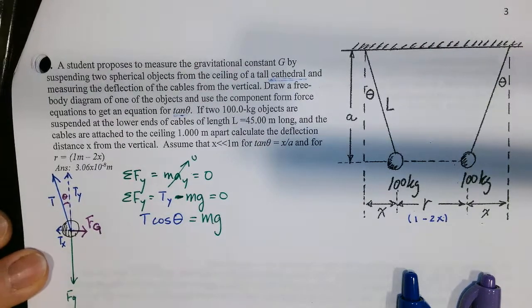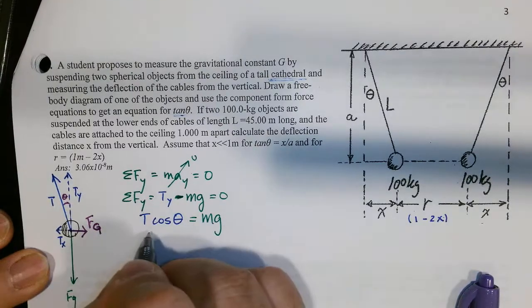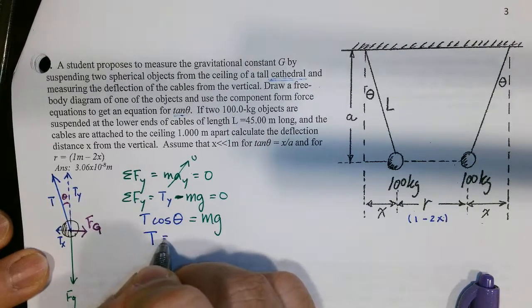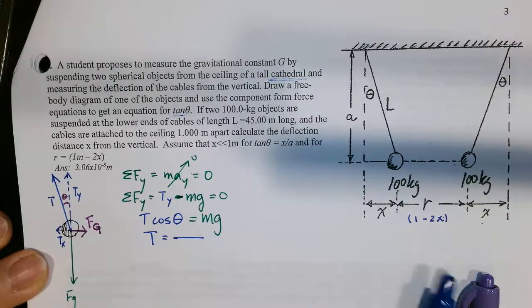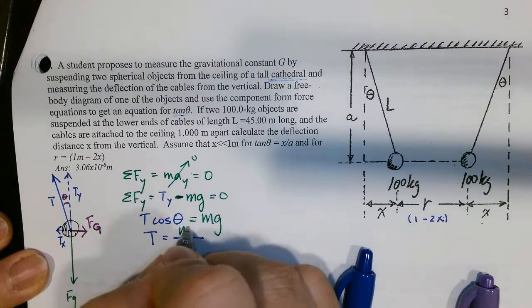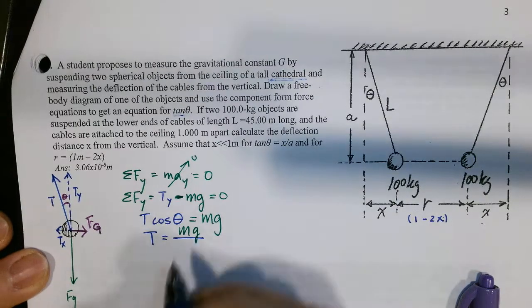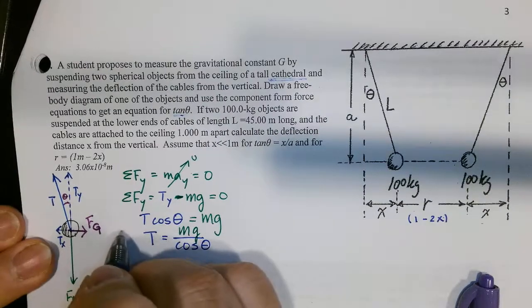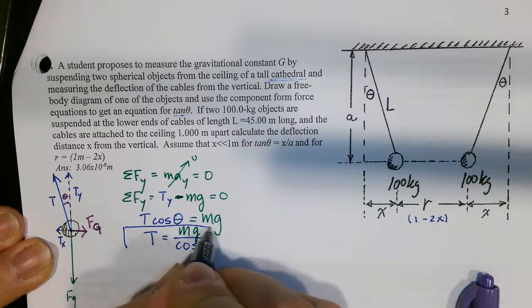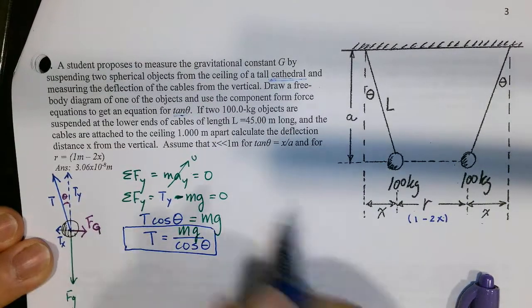If I solve for tension here, my tension becomes mg over cosine theta. So here's one of the equations that comes out from the y direction.